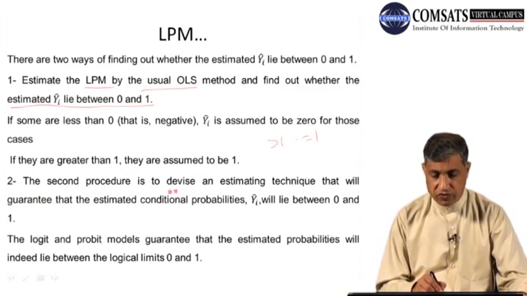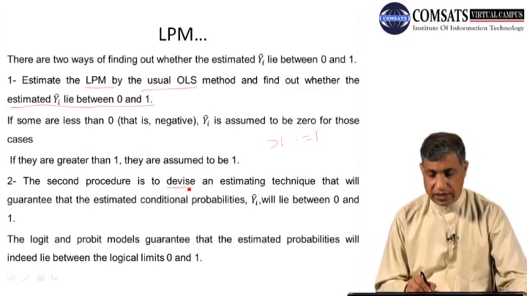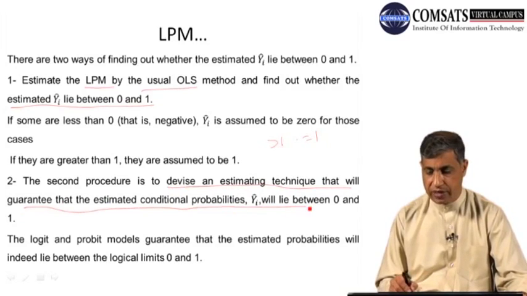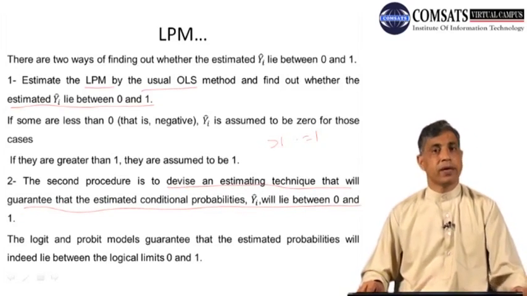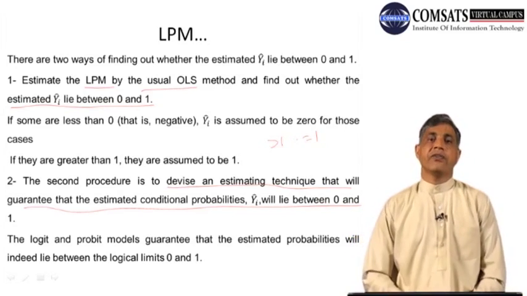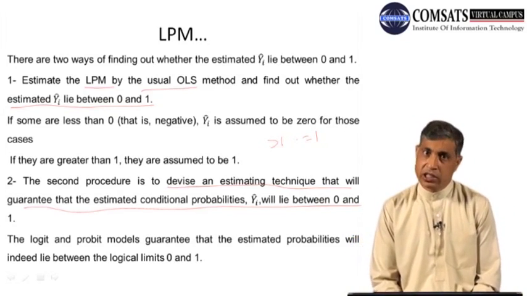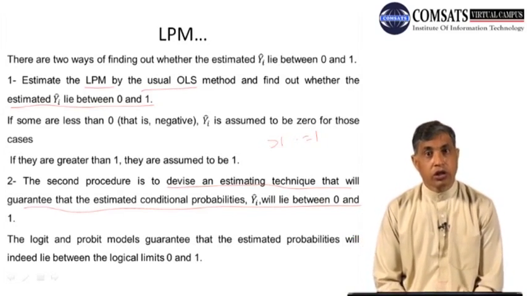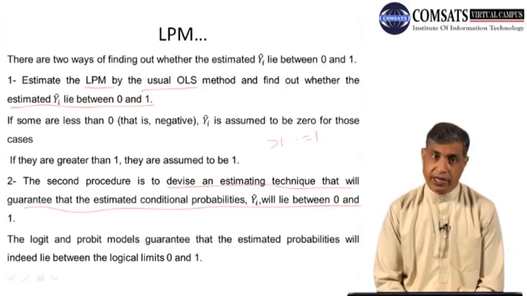The second procedure is to devise an estimating technique that will guarantee that the estimated conditional probability will lie between 0 and 1. The first way is very simple: do it, and if you find values greater than 1 or less than 0, assume they are equal to 1 and 0.